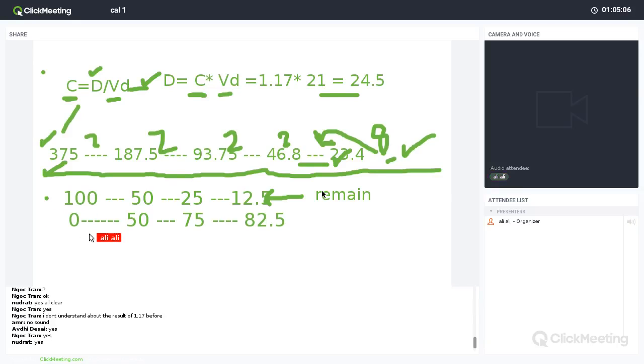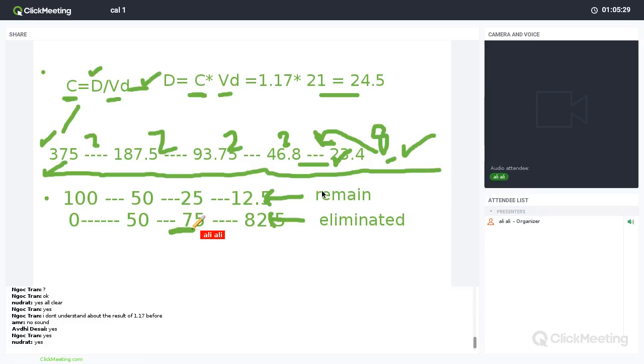So now I get the value I need. I will write here, these are the eliminated values.